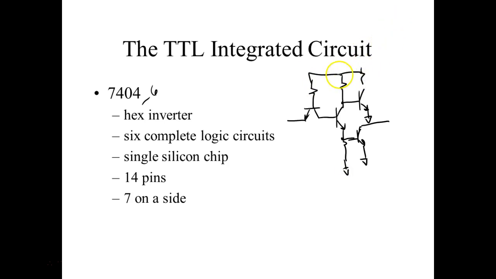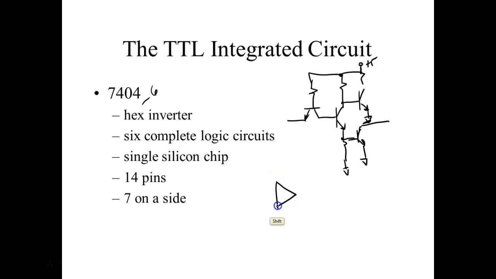That's one inverter. That would be plus 5 volts. That would be the circuit. But what you've got to understand, and we'll look at a little bit about how this works, is that it's not really important understanding how the circuit works.